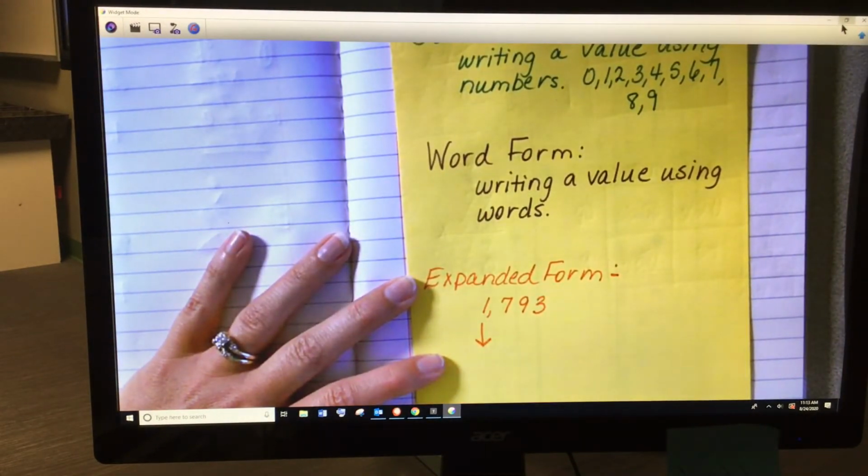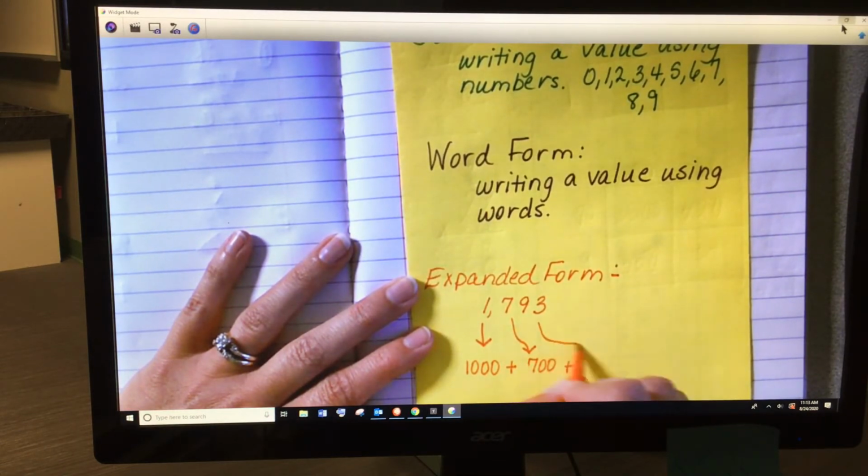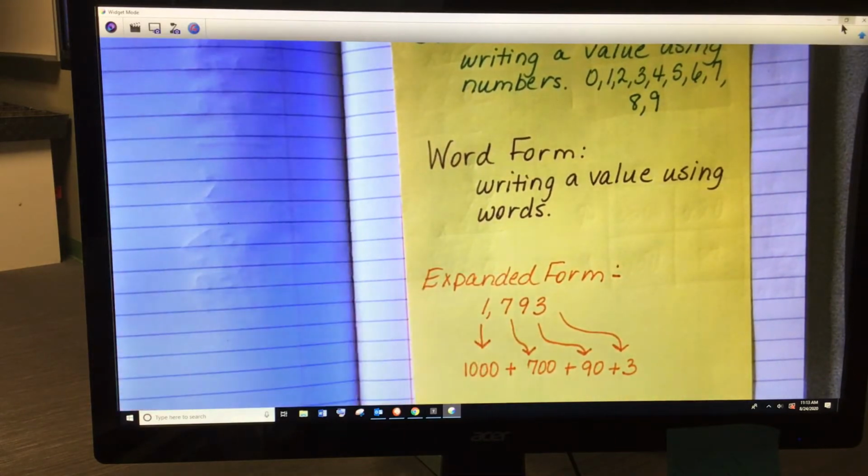What does the 1 mean? 1,000 plus 7 what? 700 plus 9 what? 90 plus what? Plus 3. This is expanded form, where we expand each place value, okay, into an addition problem.